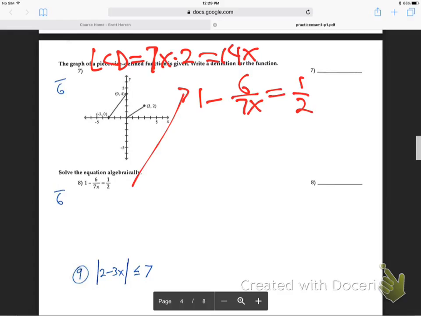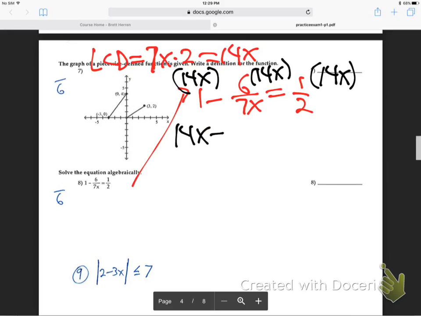And then what do you do with the LCD? You multiply every term by the LCD. This is part one, so you won't have your graphing calculator, so you have to solve this by hand. You can use a normal calculator, but you'll still have to do the algebra. So 14x times 1 is just 14x. In the middle, x cancels x. 7 goes into 14 2 times, and 2 times 6 is 12. Remember that from algebra?